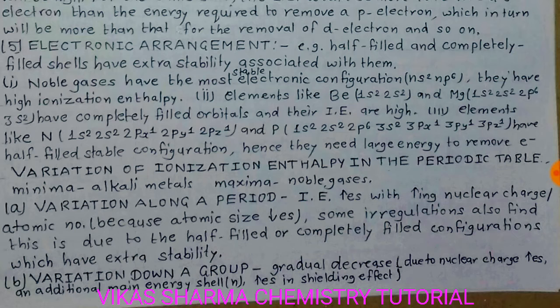So student, in a period, the first element has a lower ionization enthalpy, and as we go to the right-hand side the ionization enthalpy is highest, meaning removing the electron is tough. If the element has a half-filled or completely filled configuration, as in inert gases, the electrons are not removed easily.